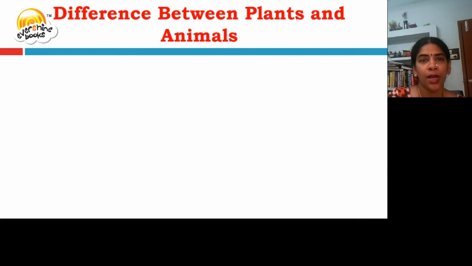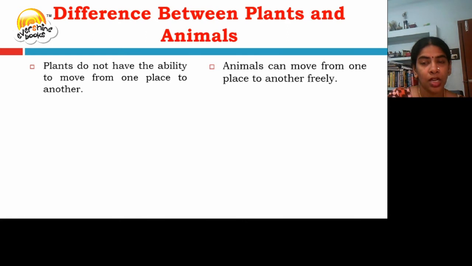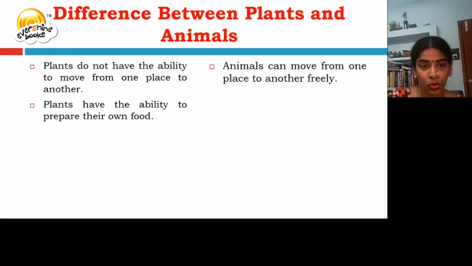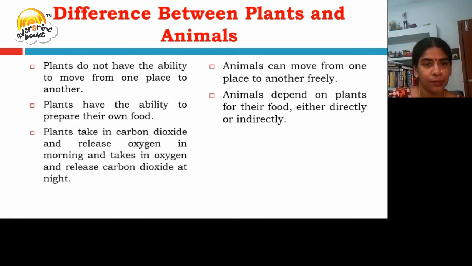Let us now compare plants and the animals based on our discussion. Plants do not have the ability to move from one place to another. Animals can move freely from one place to another. Plants can prepare their own food. Animals get their food either directly or indirectly depending on the plants.